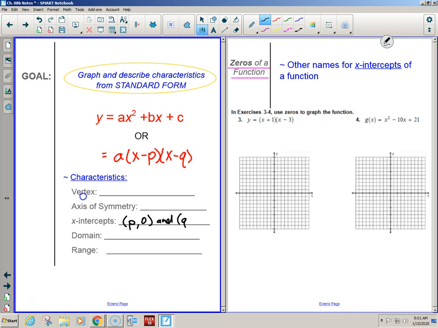This is from the 8.5a practice page, or 8.5a notes, if you want to look at that. Then we have that nifty formula for the axis of symmetry, which is P plus Q all divided by 2. But then it gets kind of tricky, because yesterday I wrote the same thing up here in the X spot, and for some of you that gets a little bit messy.